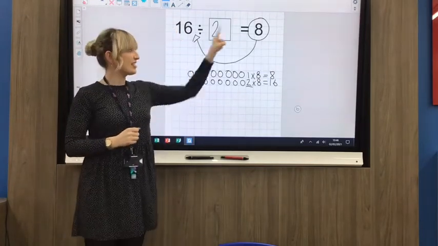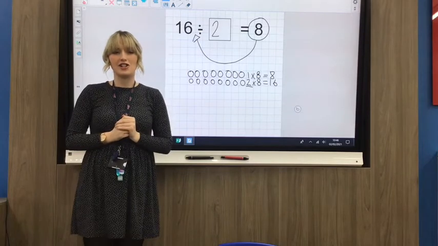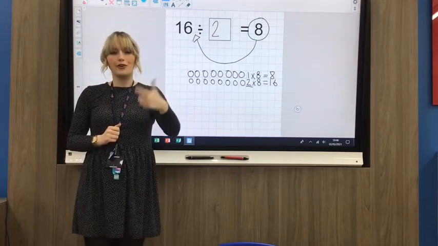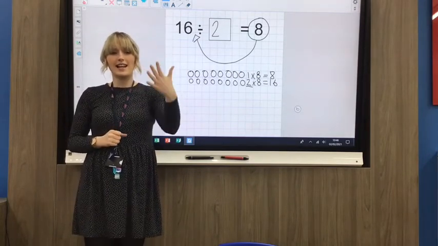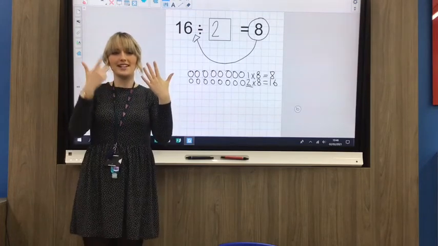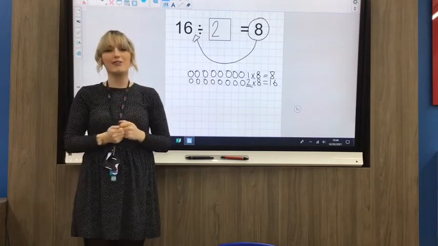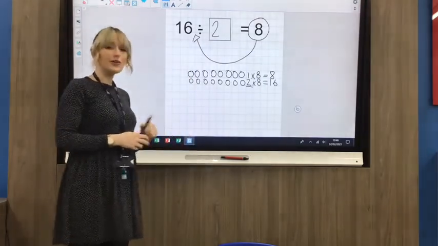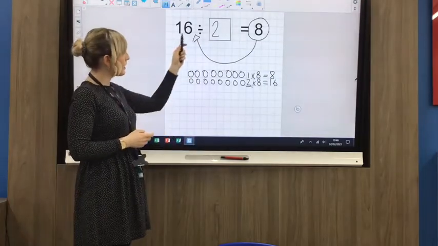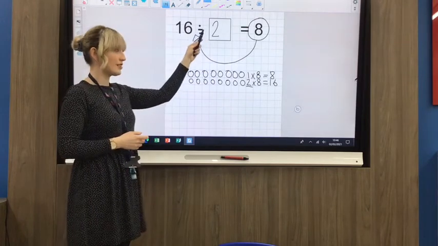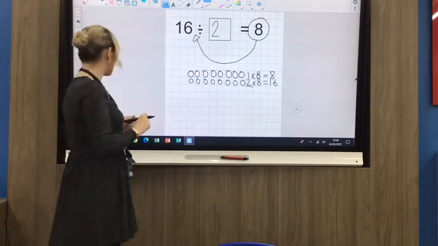Okay, and it should leave us with 8. Let's check. 2, 4, 6, 8, 10, 12, 14, 16. We counted 8 times, so it means we're correct. So make sure you use your times tables and you work out your division number sentence just to check that it's correct.